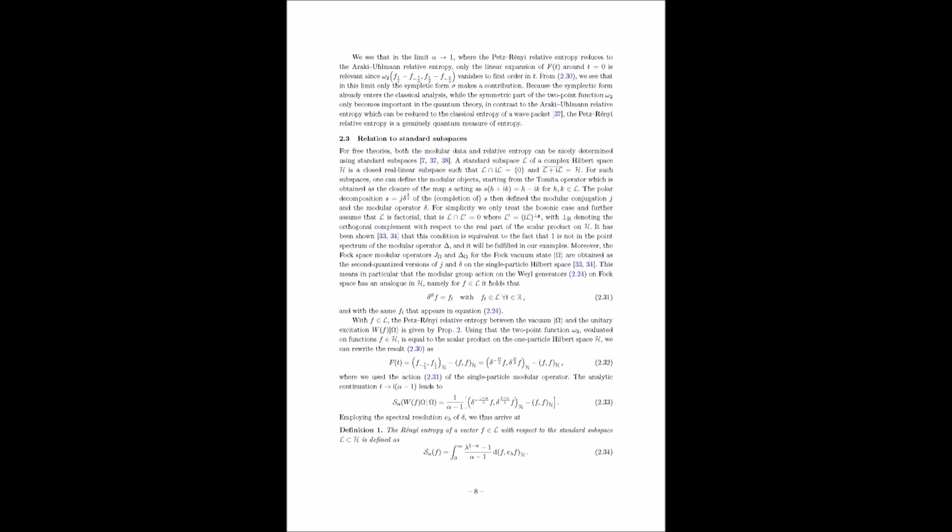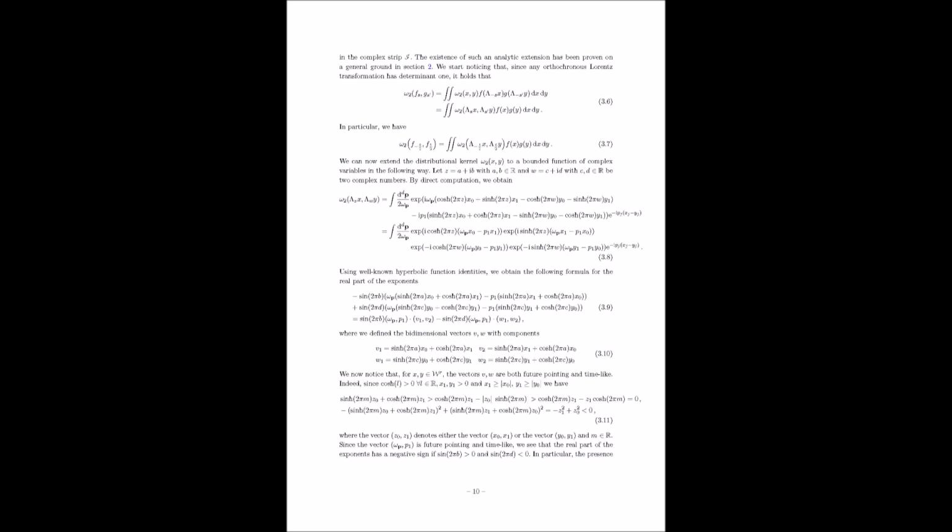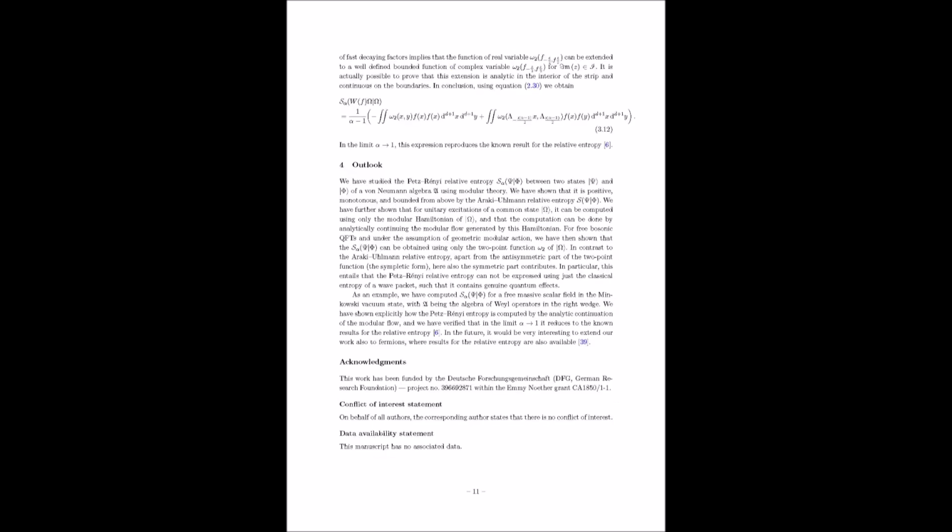By changing alpha, we can emphasize certain features of the states and gain a more nuanced understanding of their differences. So it's a more flexible tool. That gives us a finer-grained picture of the information landscape. Precisely. And this flexibility is particularly valuable when studying entanglement, which is a key feature of quantum systems.